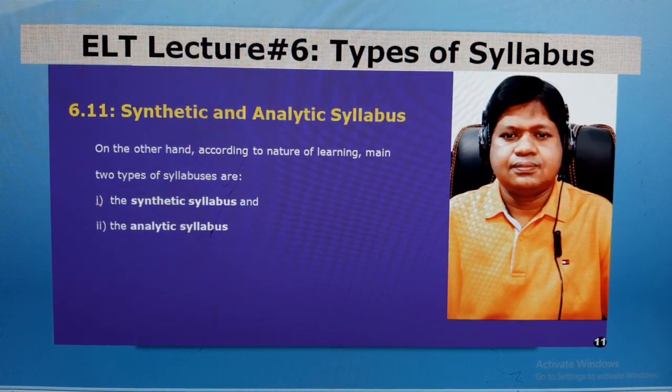On the other hand, according to the nature of learning, there are two types of language learning syllabus. They are number 1, the synthetic syllabus, and number 2, the analytic syllabus. In my next videos, I will talk about product and process syllabus as well as synthetic and analytic syllabus in detail.